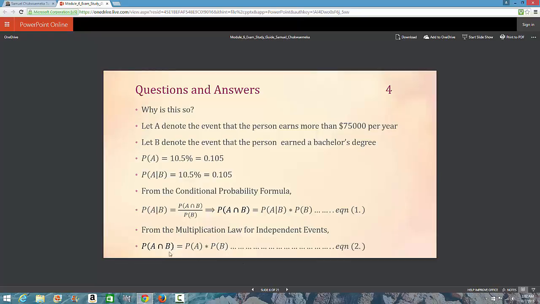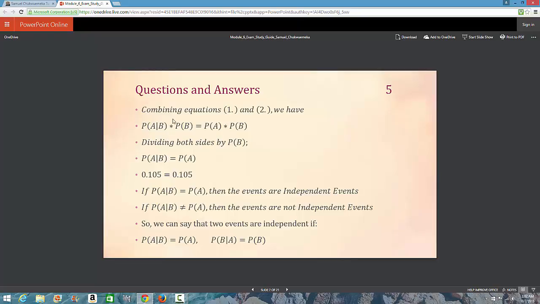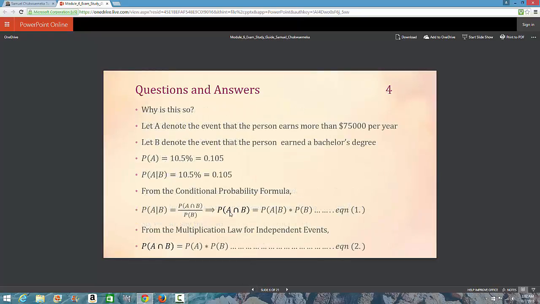So these two are the same. Equation 1, you have the probability of A and B. Equation 2, you have the probability of A and B. So what you might want to do is equate the two, combine the two equations. Equation 1 is equal to equation 2. Because the left hand sides are the same, just equate the right hand sides.